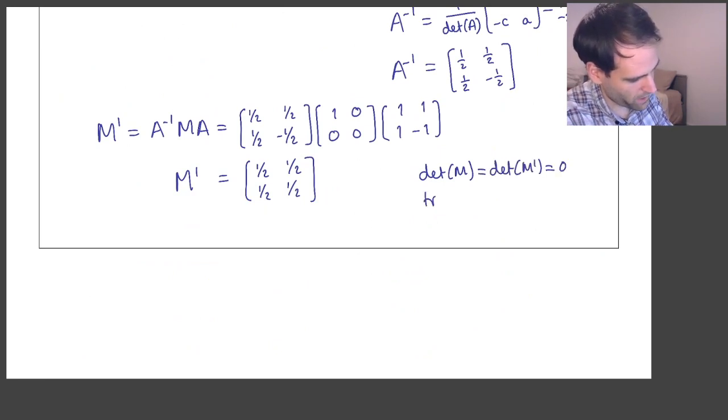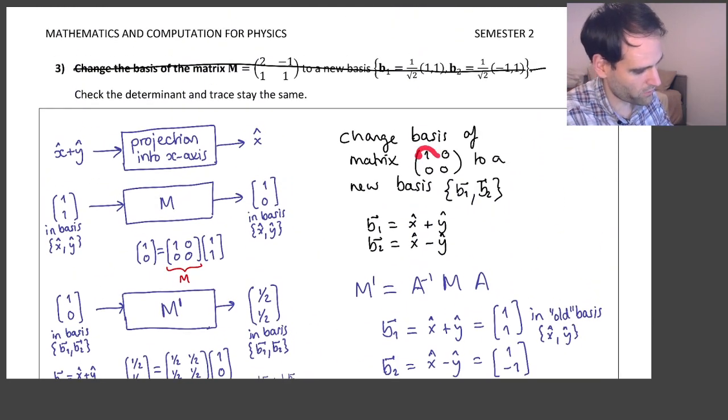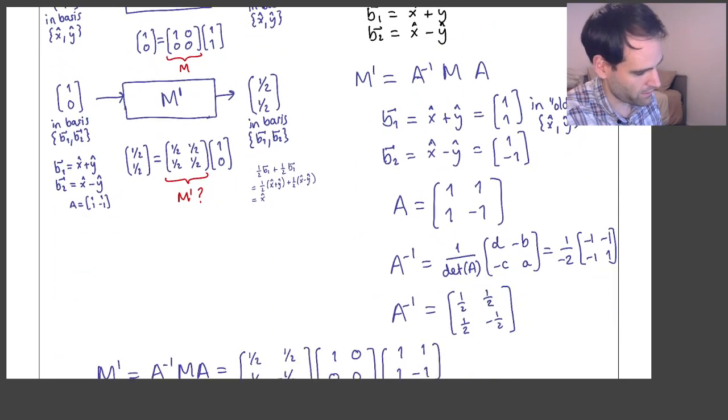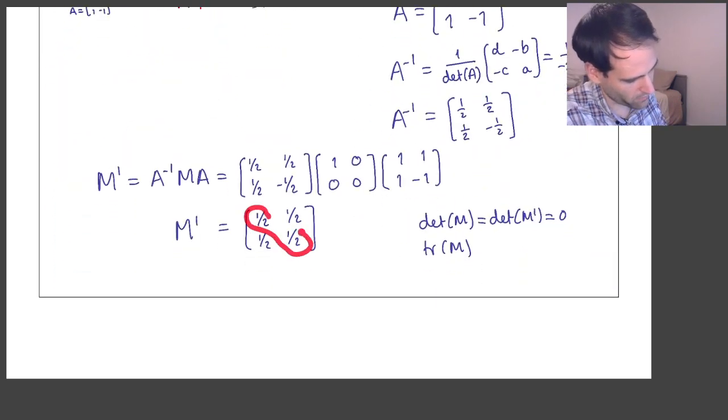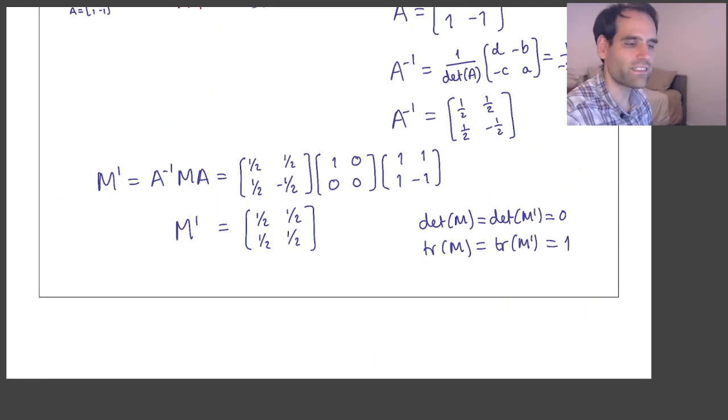And the trace of M is the sum of the elements of the diagonal, so it's 1 plus 0, it's 1, and the trace of M prime is a half plus a half, which is also 1. So indeed, the determinant and the trace have remained the same.